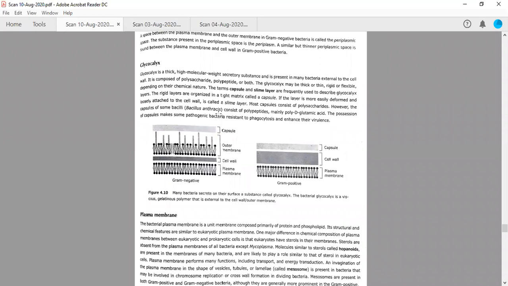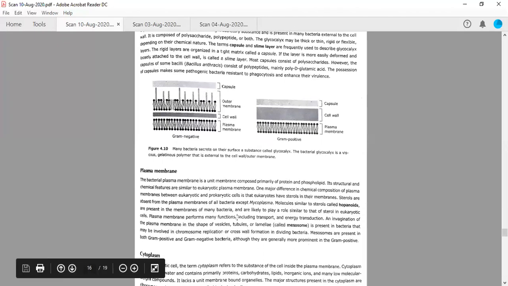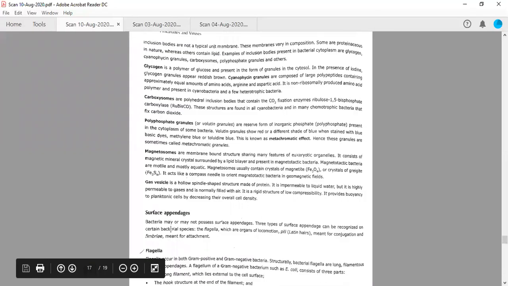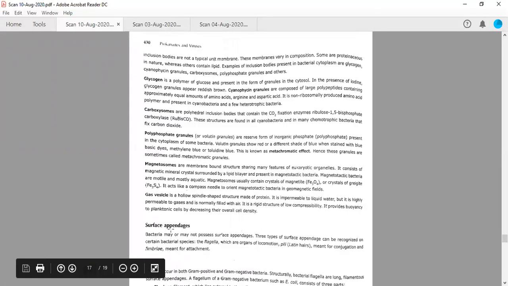Then the next is actually we need to discuss capsule and slime layer, whatever is present outside the cell wall, outer membrane or cell wall. So capsule may be present in both gram-positive as well as gram-negative bacteria. Then there are some structures, for example, plasma membrane, cytoplasm, and these things you know actually very well.